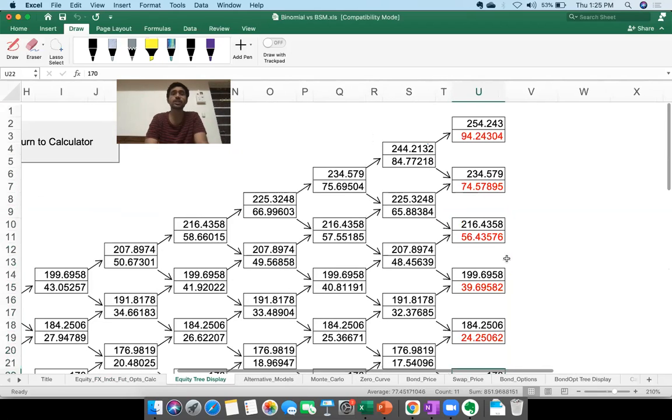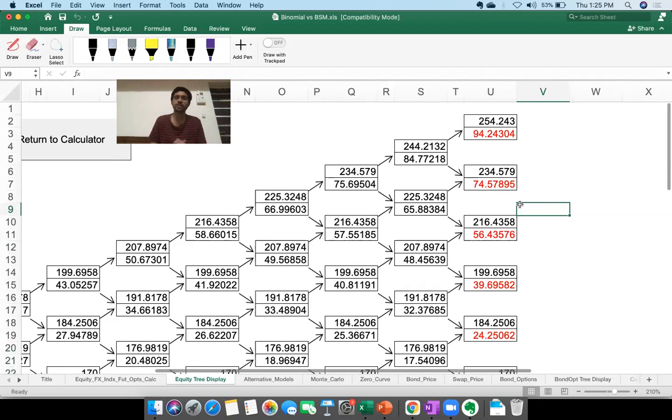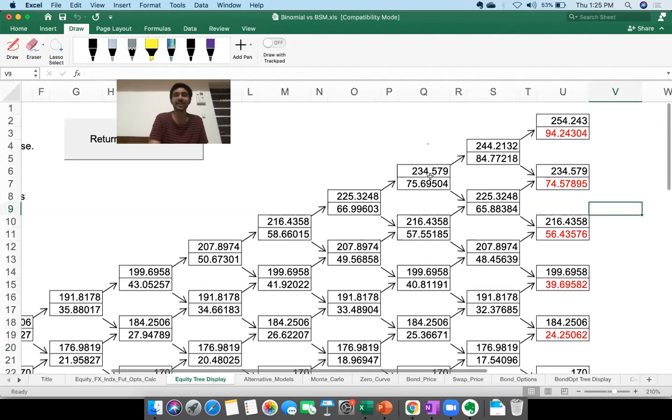So the total possible is 11 possible share prices, which means if you notice, a single period binomial had 2 possible share prices, 2 period binomial had 3 possible share prices, 3 period has 4 possible share prices, 8 period had 9 possible share prices, a 10 period binomial has 11 possible share prices, which means the number of possible share prices is going to be n plus 1, provided u and d at each time step is equal.